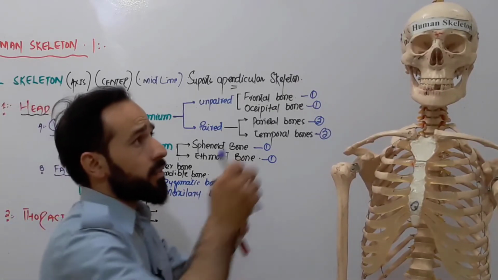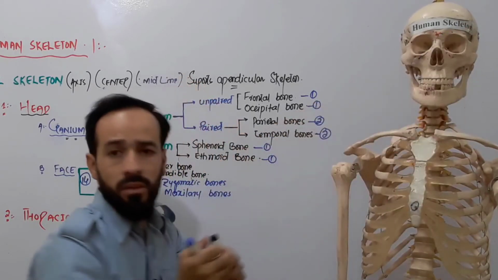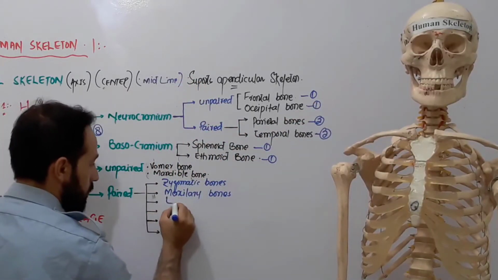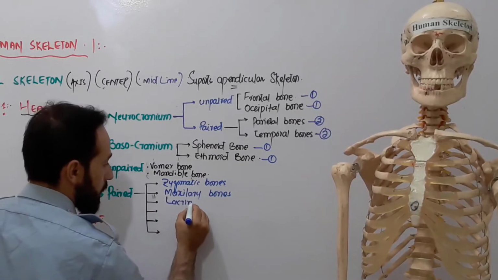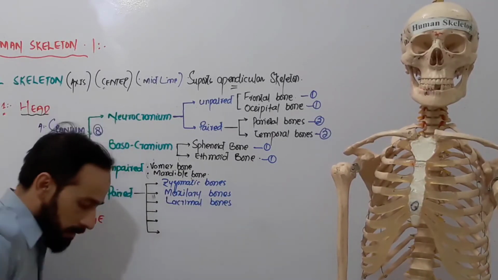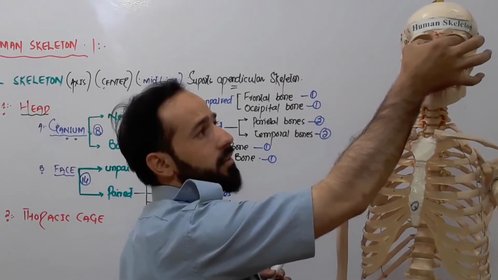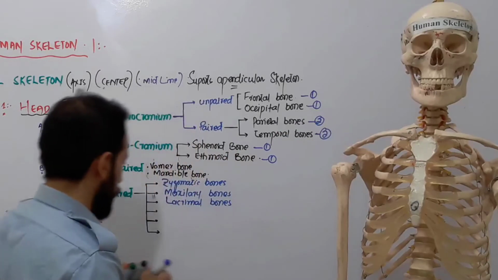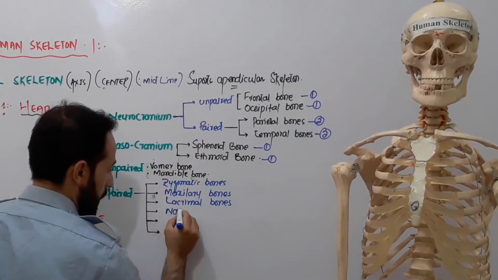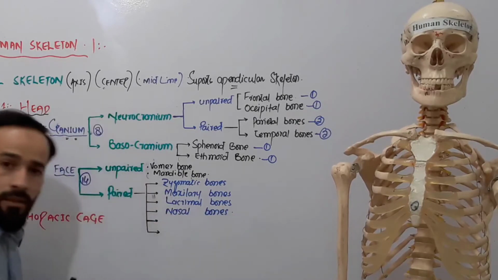Then there are the two lacrimal bones. What are those? Those are the two lacrimal bones. Then there are two nasal bones, right? At this point we have the nasal bones. So let me write here their name, nasal bones, right?